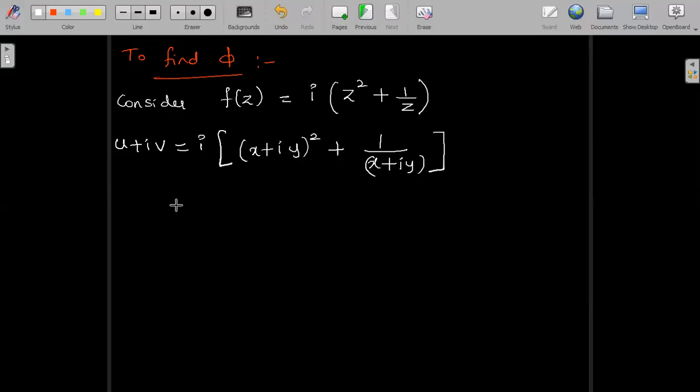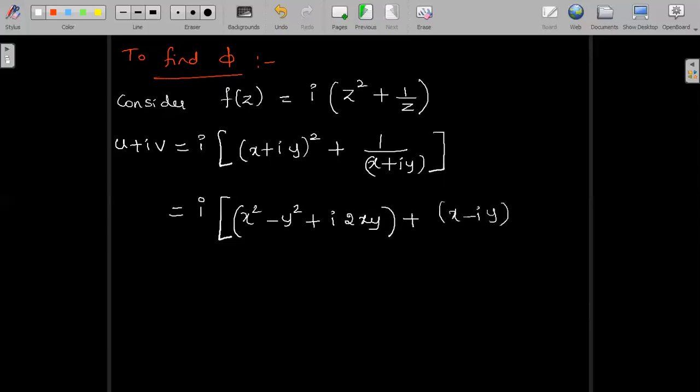So this is equal to, simplifying this, we need to equate the real and imaginary, no? That is why. So this becomes x square minus y square plus I into 2 into xy plus, this is for x plus iy whole square terms. I'll just put a bracket. 1 divided by x plus iy we need to rationalize.